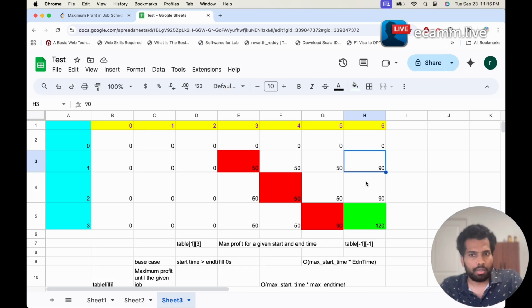Let's say, while filling this cell, there is no job scheduled at 3 comma 6 start and end times, but what is the maximum profit at 5? So we're just targeting the end times, not even the start times. So we can convert this 2D approach into a 1D.